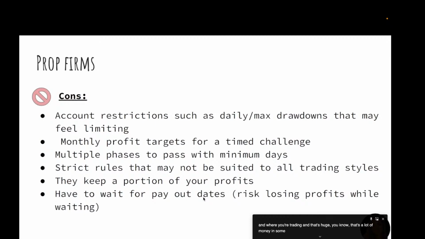So that can really suck to have somebody taking your profit cuts from you, which obviously if you're trading a personal account, you keep 100% of them. So that's for you guys to decide what's best for you personally, but this is definitely a con when it comes to prop firms, is that they keep a portion of your profits. Typically, the longer you progress with a prop firm, though, they do tend to give you larger and larger percentage cuts to keep.